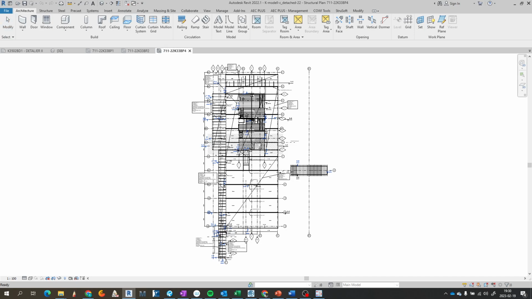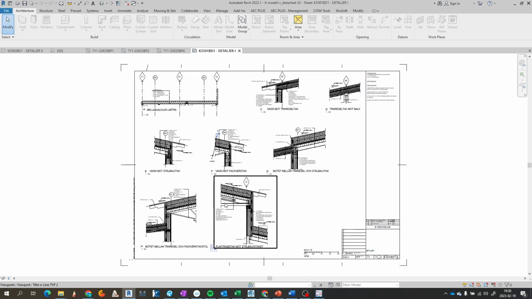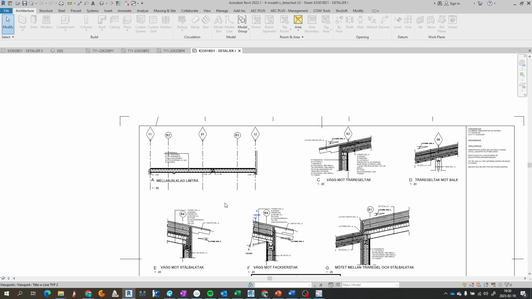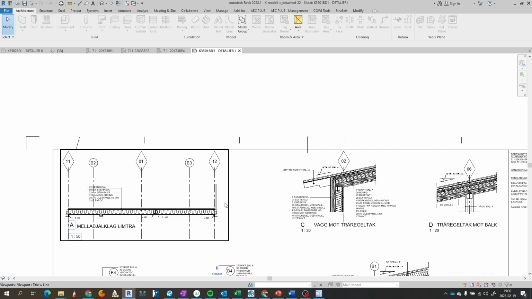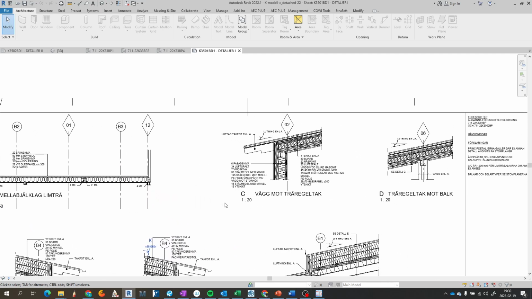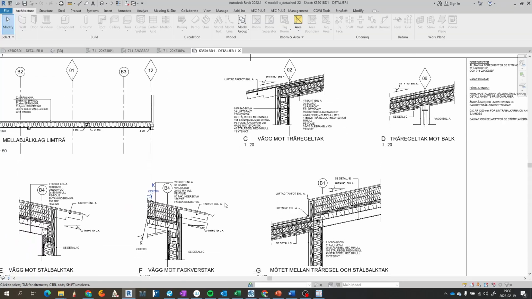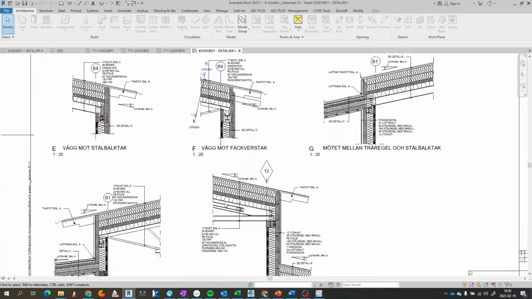All right, it's a lot of things. I hope that I found this. No, we have here, for example, the detail of the roof connections, system lines, details of the roof and the different parts.